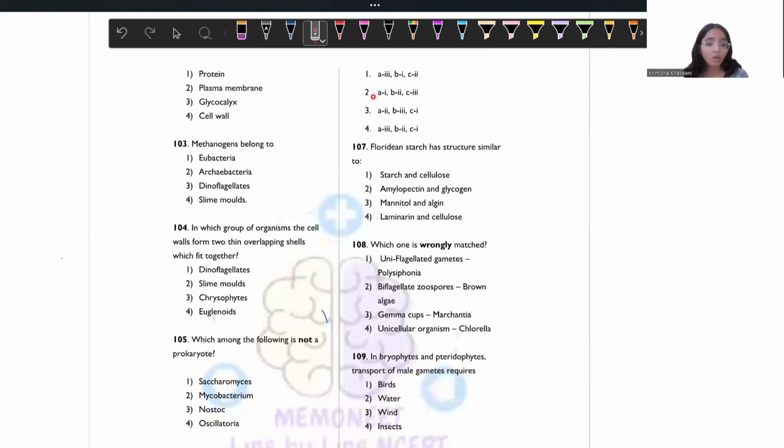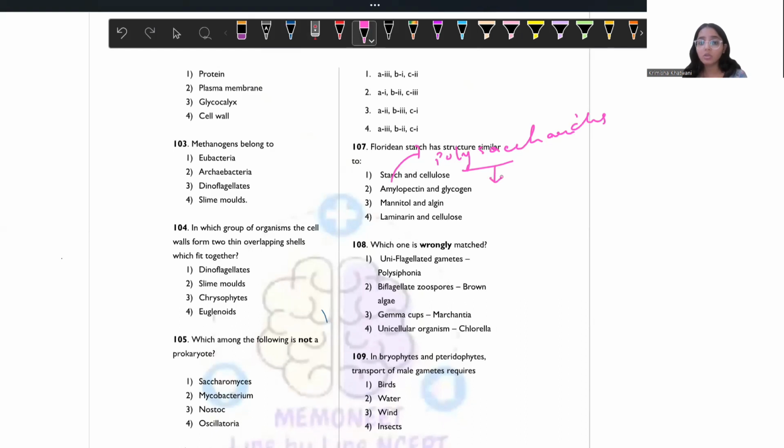Now coming to question 7. Floridean starch has a structure similar to which of the following? Option 2, amylopectin and glycogen. Amylopectin and glycogen, my friends, are polysaccharides, that is carbohydrates.